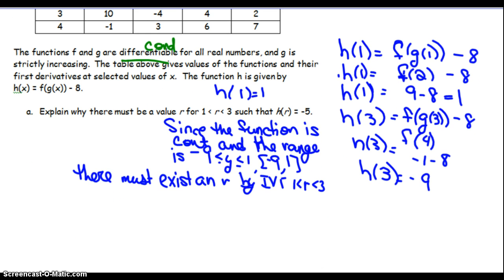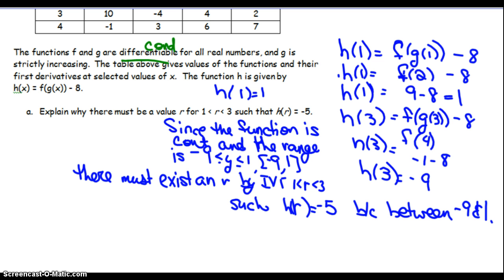So there must exist an r by IVT between 1 and 3 such that h of r can equal -5 because that is between -9 and 1.